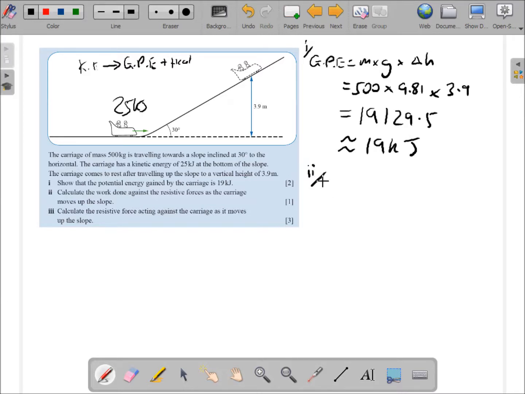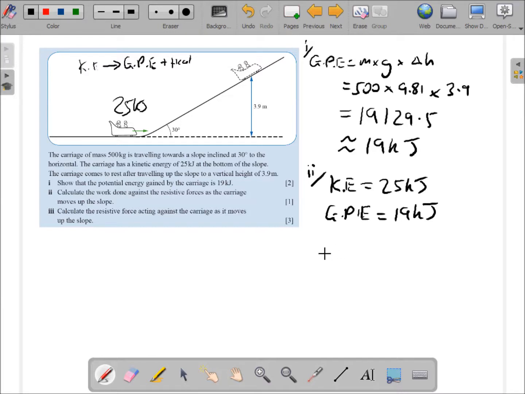So let's move on to the second part, where we're calculating the work done against the resistive forces. Well, what you might have noticed is that the kinetic energy at the beginning was 25 kilojoules, but we've only gained a G.P.E of 19 kilojoules. So where has the rest of that energy gone?